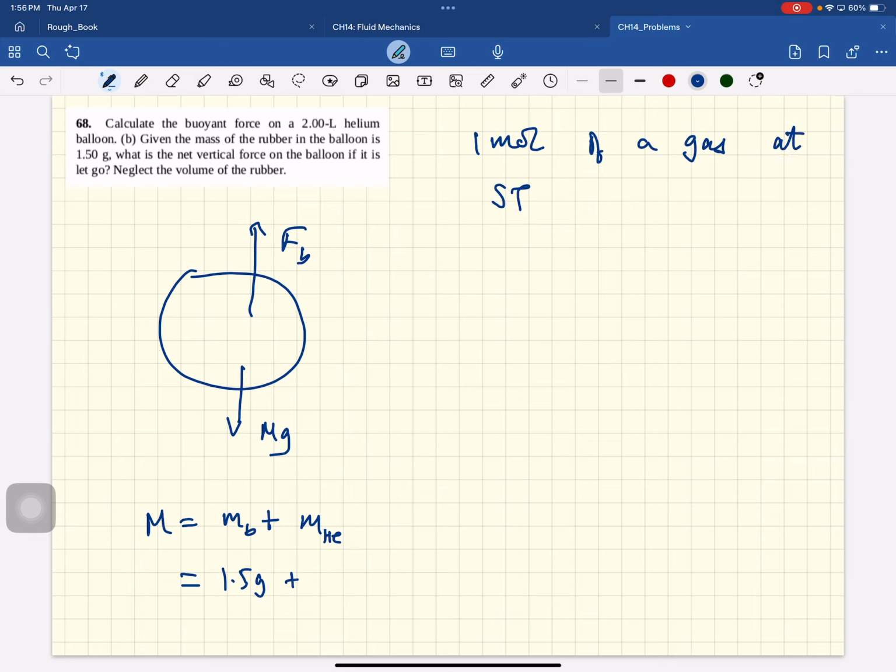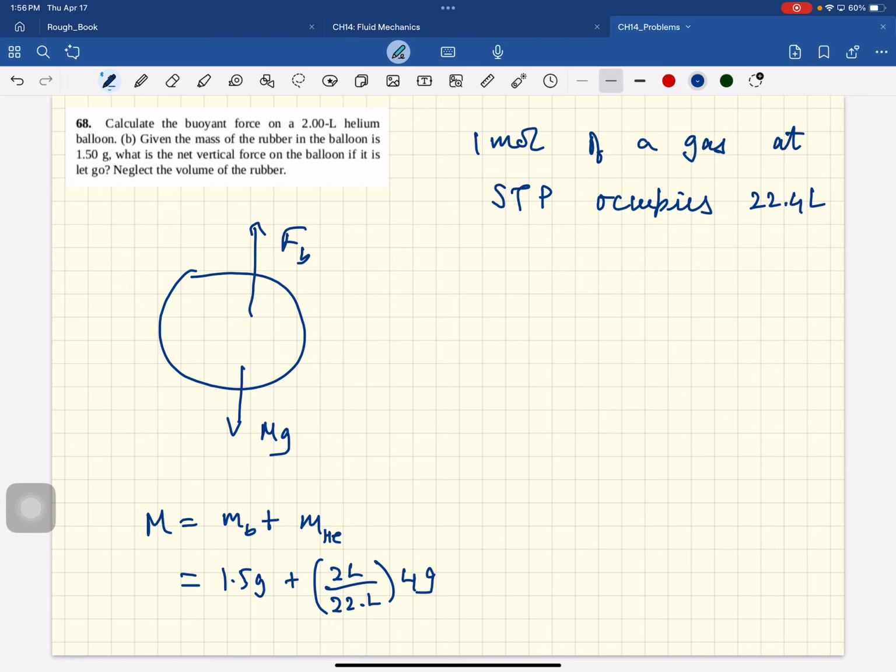And we are assuming this, so even though the problem doesn't give STP, standard temperature and pressure, yes, so the mass of helium is 2 liters divided by 22.4 liters times 4 grams.